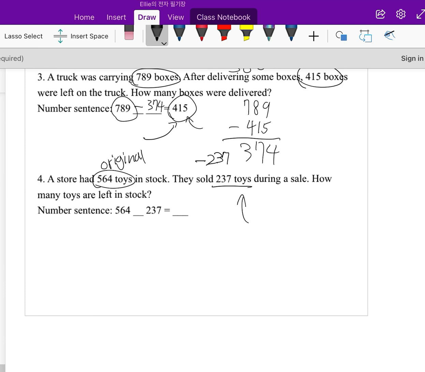So we're just going to subtract it. But since 4 is less than 7, we're going to borrow 1 from 6. So let's get 14. 14 minus 7 is 7. 5 minus 3 is 2. And 5 minus 2 is 3. So the answer is 327. And that's it for our lesson today. Thank you for listening.